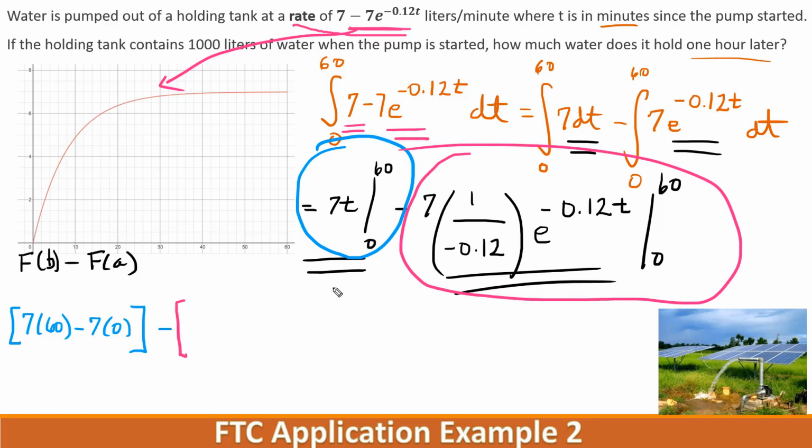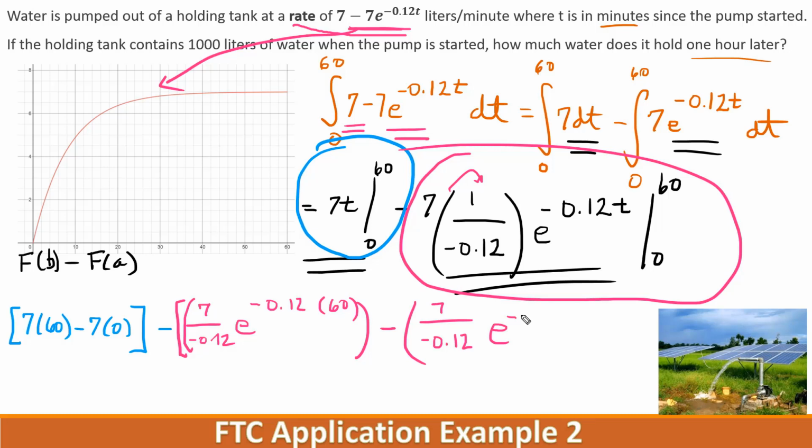And so from here, I'm just going to write the 7 over negative 0.12. I just brought that inside here. E raised to the negative 0.12 times 60. So that's this f of b. I'm going to put this piece in parentheses, and now I'm going to do my f of a, which again is 7 over negative 0.12 e to the negative 0.12 times 0, and then close off my bracket.